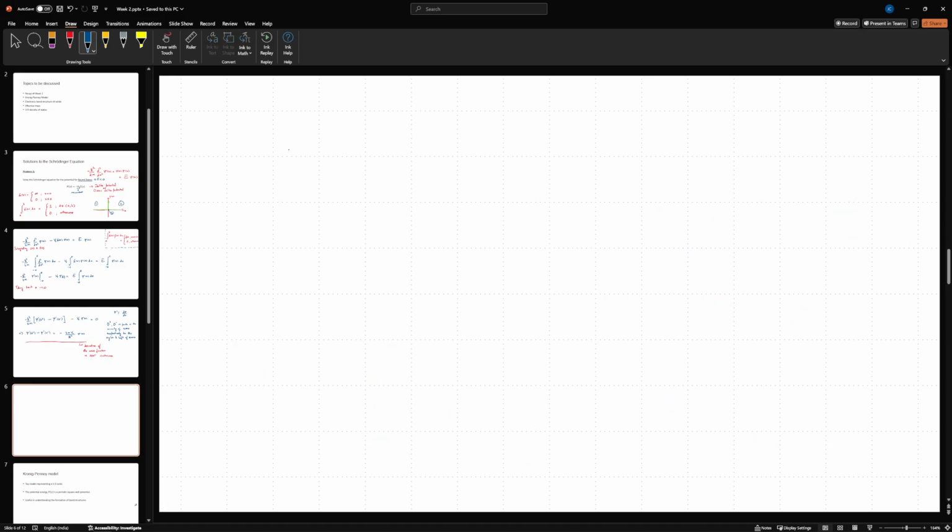So how do we solve this? I know in regions 1 and 3, minus h bar squared by 2m psi double prime of x is equal to E psi, where I know E is negative.